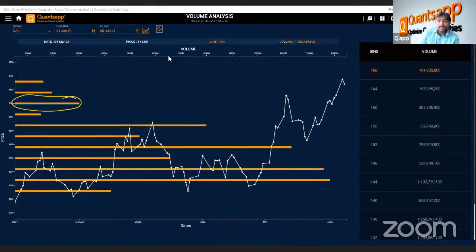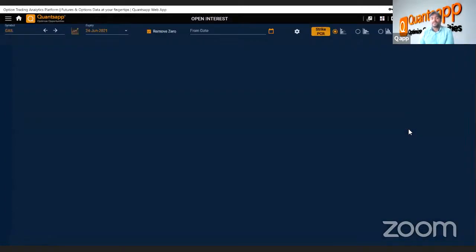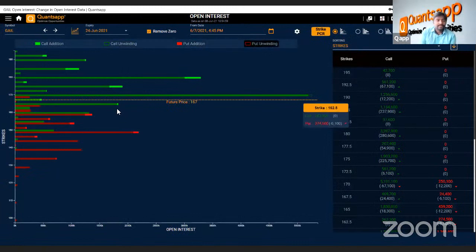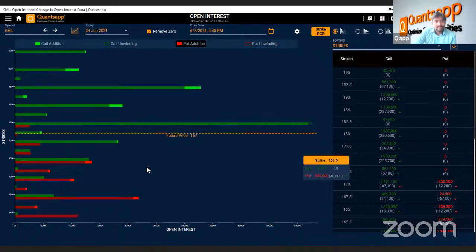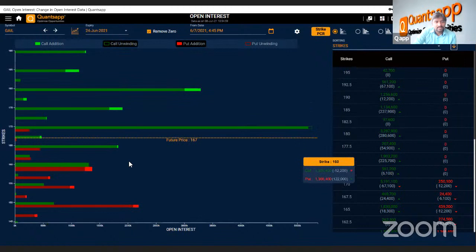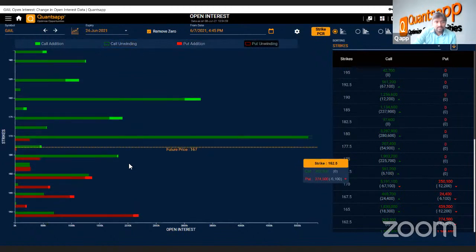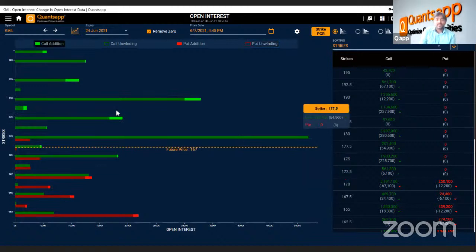Now to approach this stock, let's move to the open interest first. You can check it here also. The stock is trading somewhere around 167. That's the current futures price.